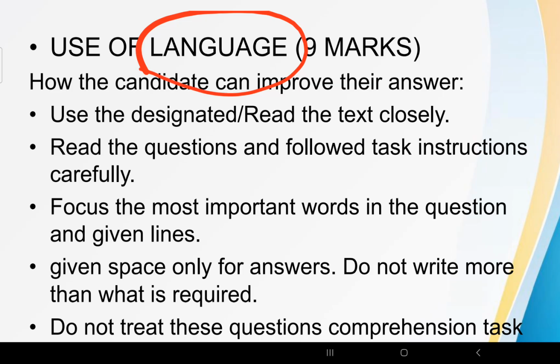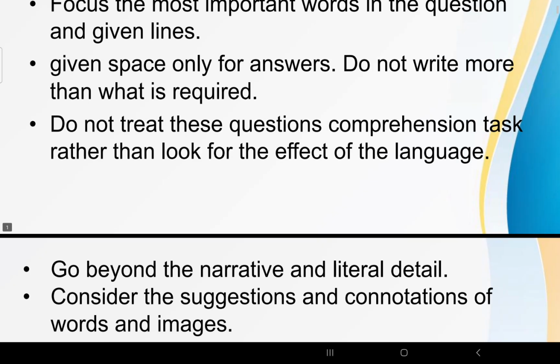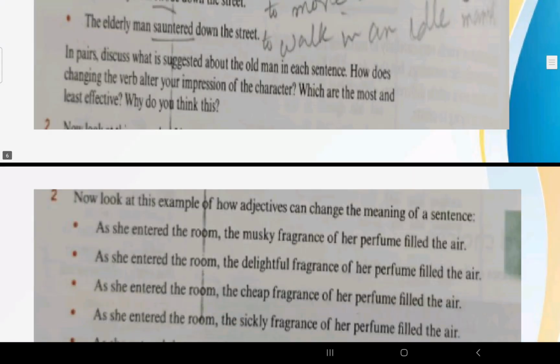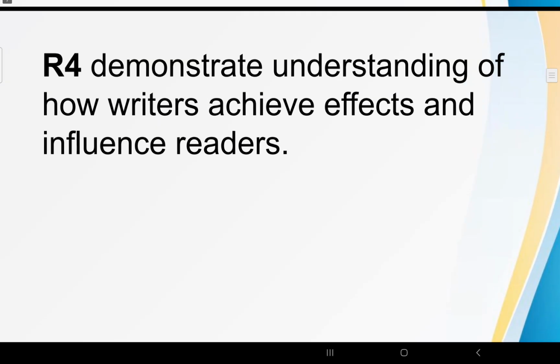If the writer is using a certain word, what's the purpose of that writer? Why is he using that word, and what kind of effect does he want to achieve by using this word?